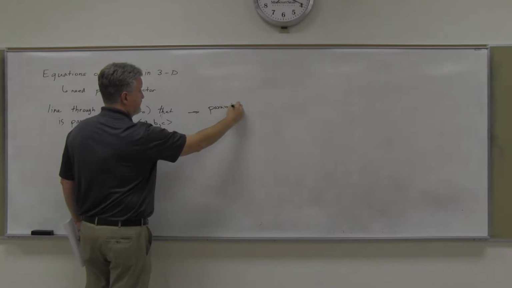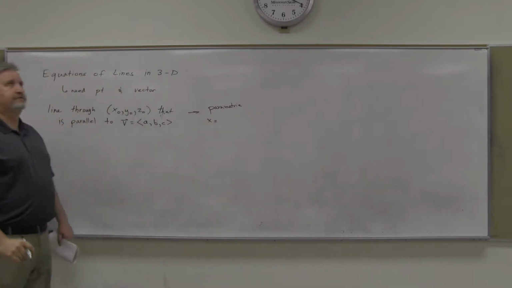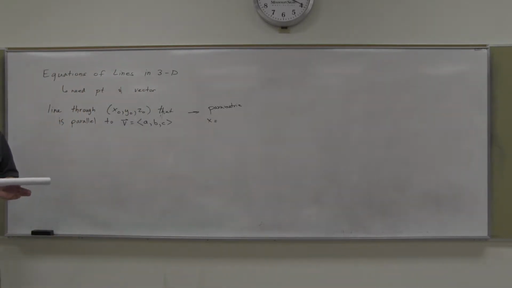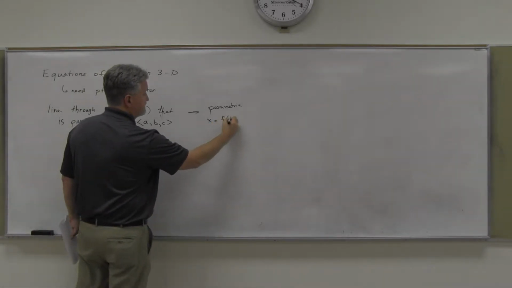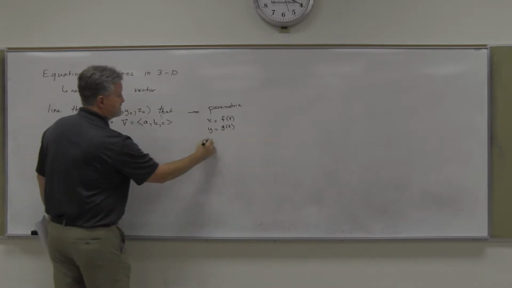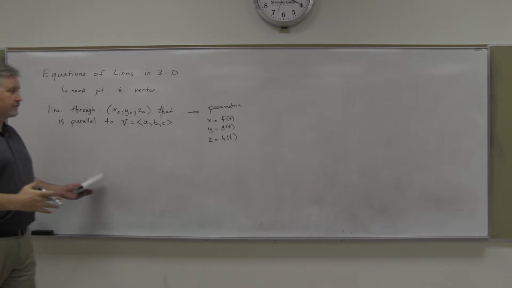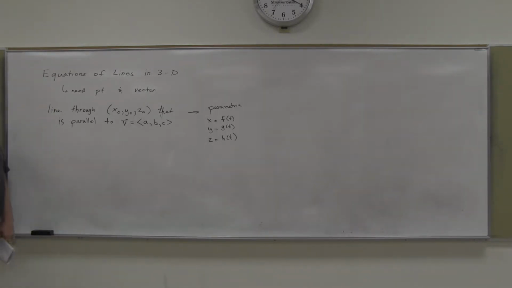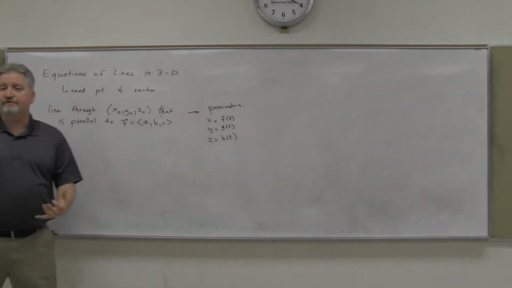So in parametric form, you give your coordinates in terms of another parameter, t. The x value is a function of t, the y value is a function of t, and since I'm dealing in 3 dimensions, the z value is also a function of t. Those are going to be linear in nature, for sure, since I'm talking about a line here. So that's what our line's going to look like: parametric form.